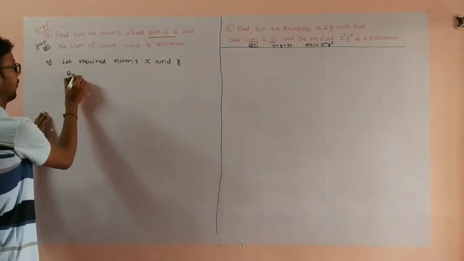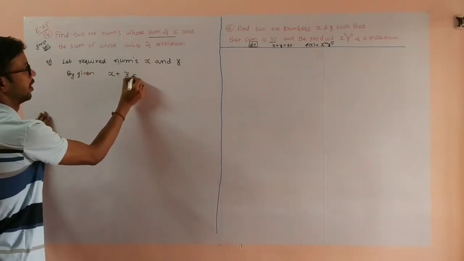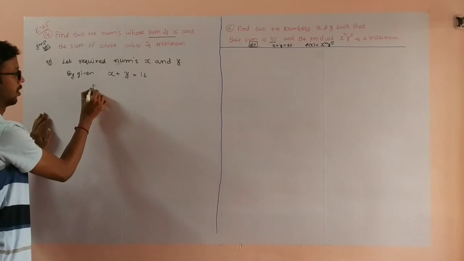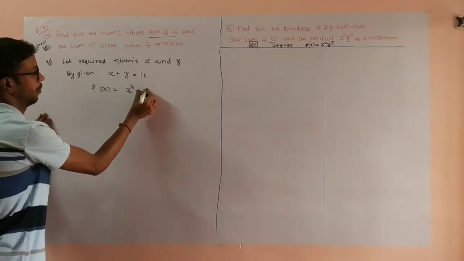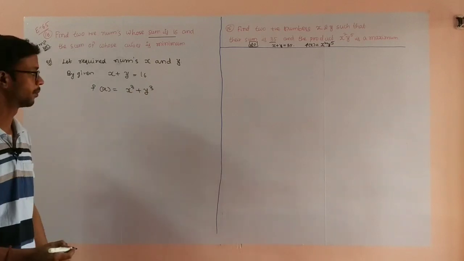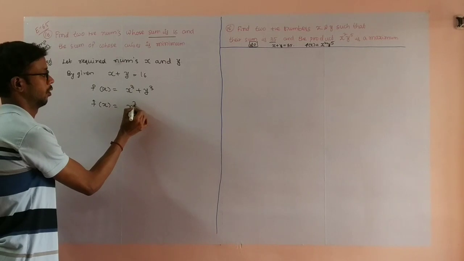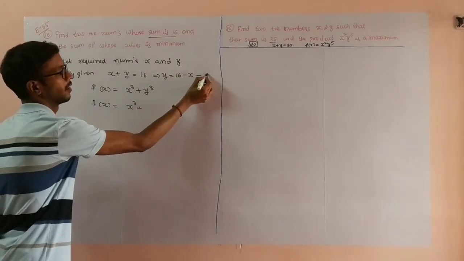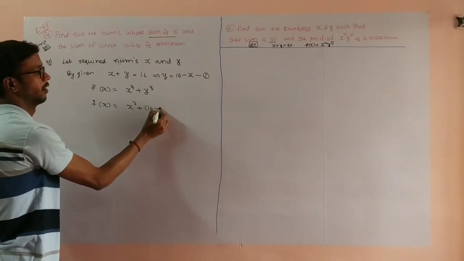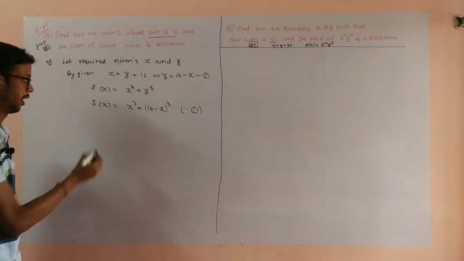By the given, the sum is 16 and function f of x is equal to x cube plus y cube. Convert it into a single variable. X cube plus y cube, where y is equal to 16 minus x from equation 1, so 16 minus x whole cube.